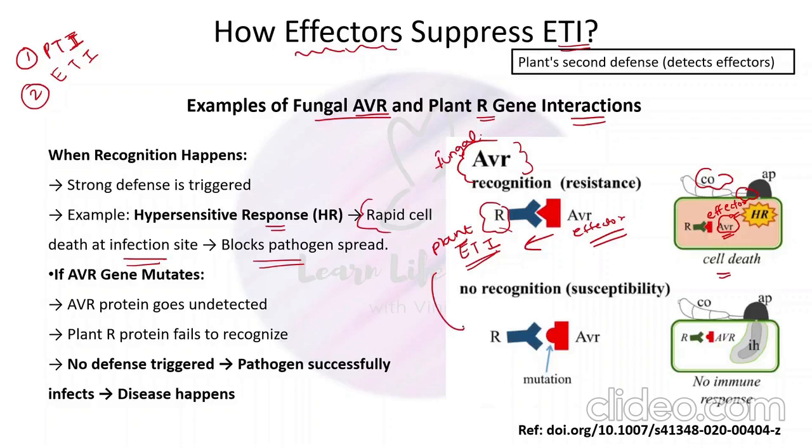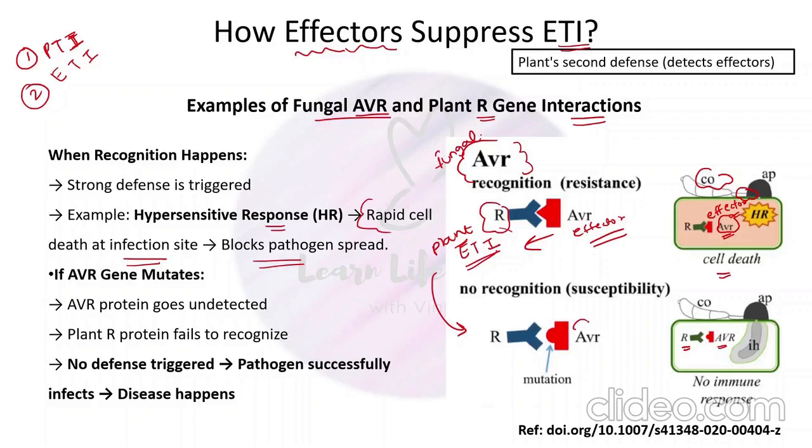In order to bypass the mechanism, what happens if the AVR gene is mutated? If the fungi now enters with the mutated AVR, then it remains undetected by this resistance gene.